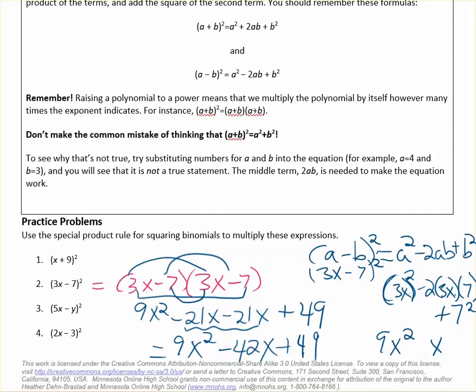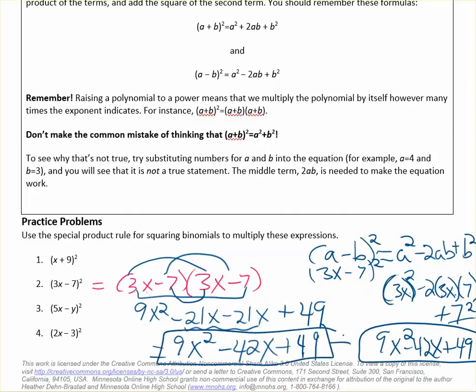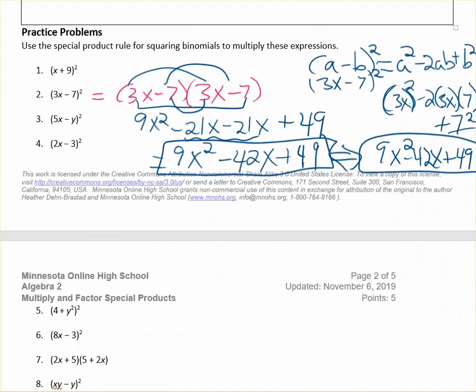So it's 2 times 3 times 7, so that's minus 42x. And then plus the 7 squared is plus 49. These should be equivalent. They are. So either method will work. Use whichever one you prefer.